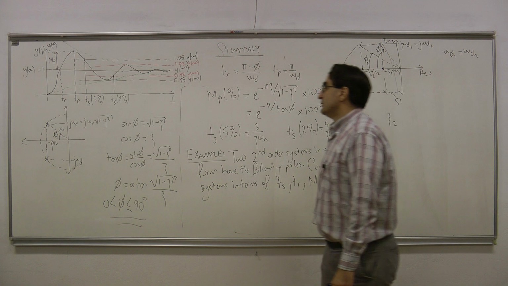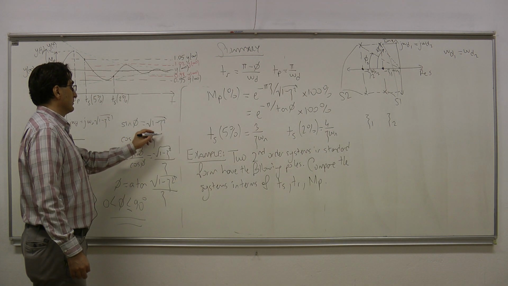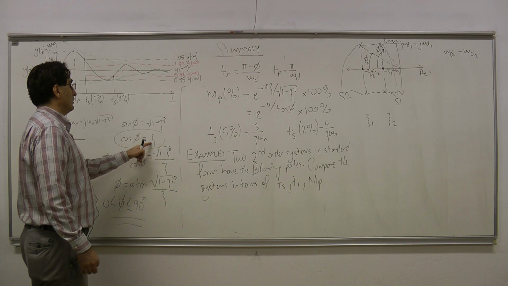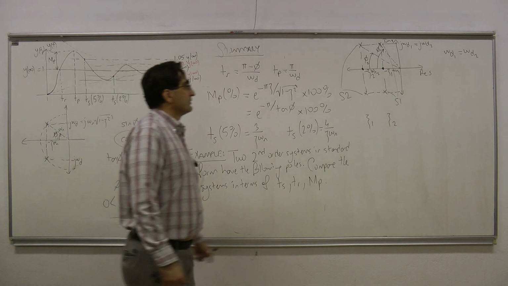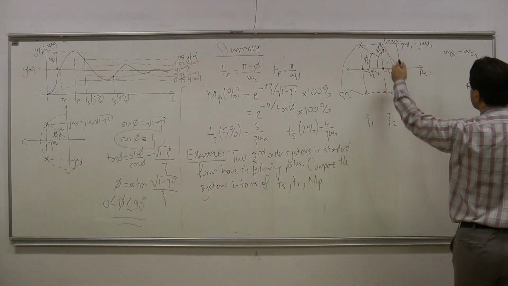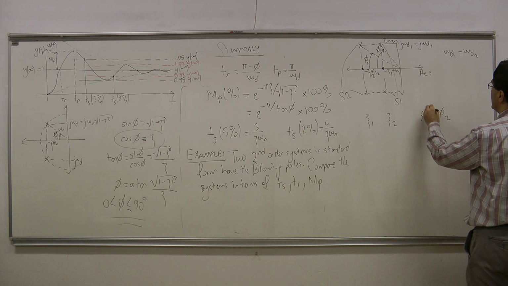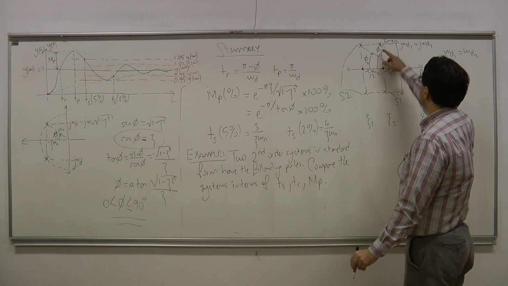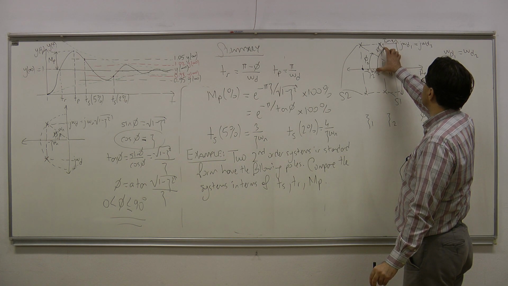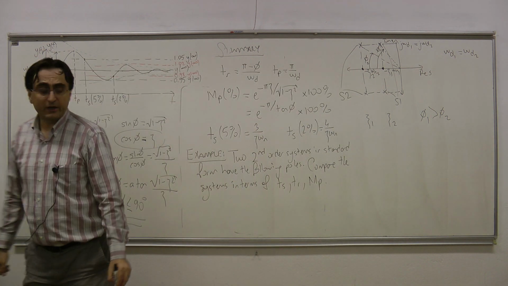So here, the good thing is that we have a relationship given like this, okay? The damping ratio of a system is cosine phi, okay? And if I compare the angles phi for these two systems, phi 1 and phi 2, I see that phi 1 is larger than phi 2, okay? The angle of the first system poles is larger than the angle of the second system poles, all right?